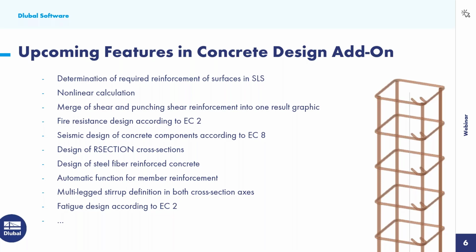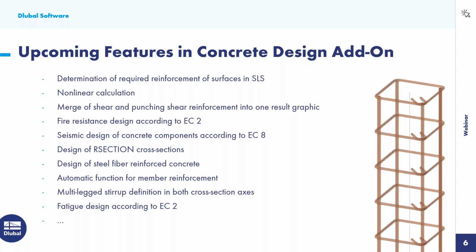One open topic is also design of steel fiber reinforced concrete. Then the same function like we have seen now for the surface, with the automatic function, we are developing this for the members.